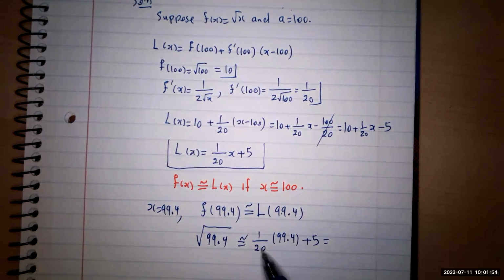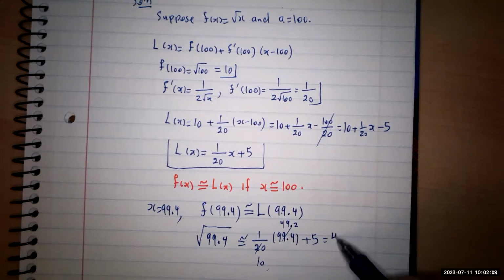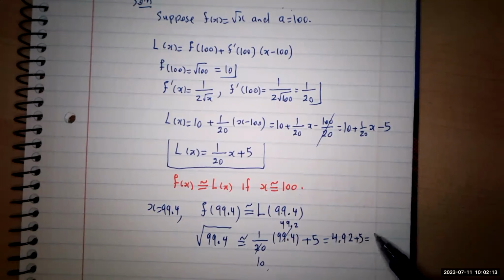If you divide it by 2, that gives you 10, and divide this one by 2, that gives you 49.7, and there is a 10, so it's going to be 4.97 plus 5, which is 9.97.